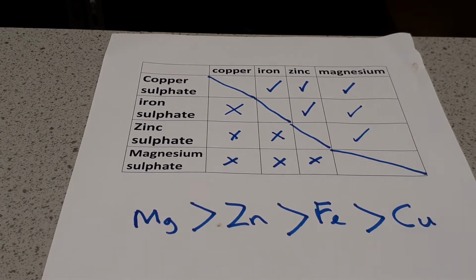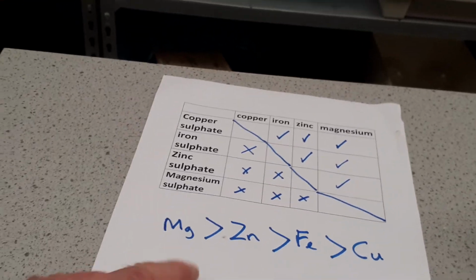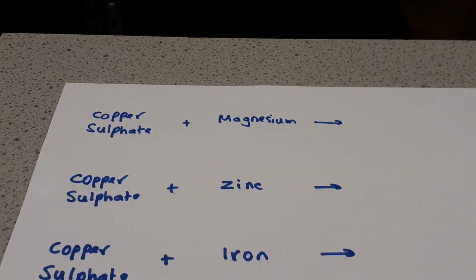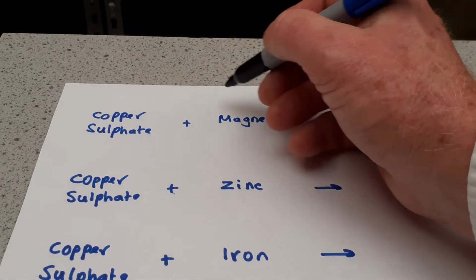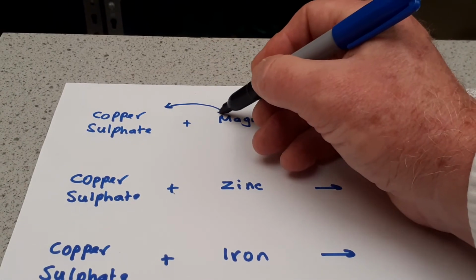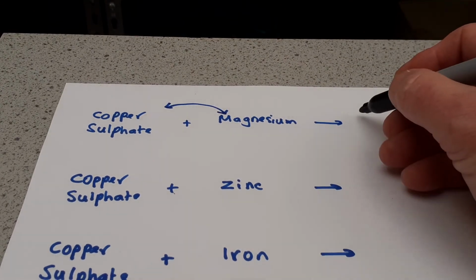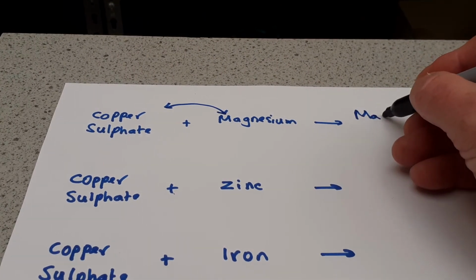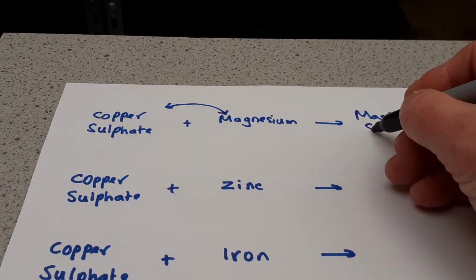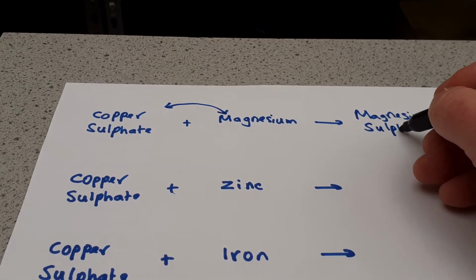Now let's look at what happens in the reactions by looking at the word equations. So here we've got copper sulfate and magnesium. Now basically what happens is that the magnesium takes the place of the copper, so we get magnesium sulfate and copper.